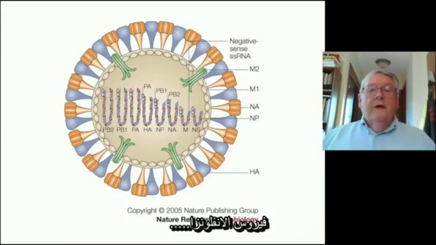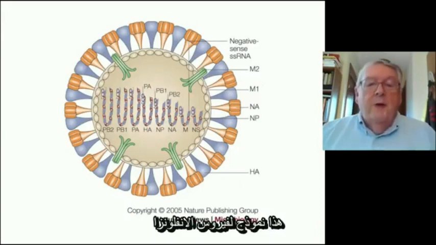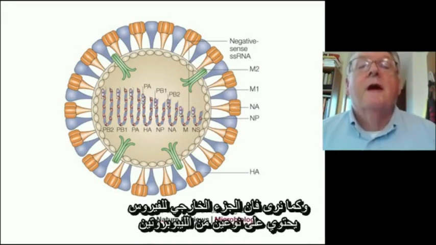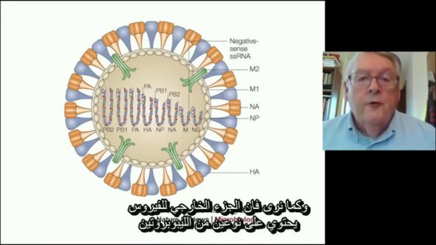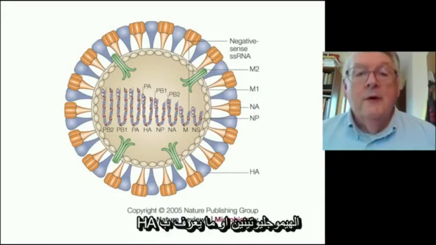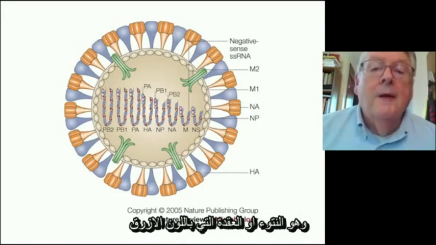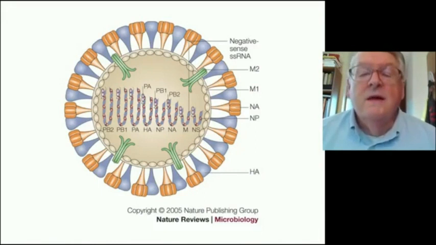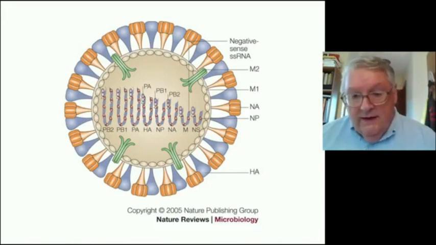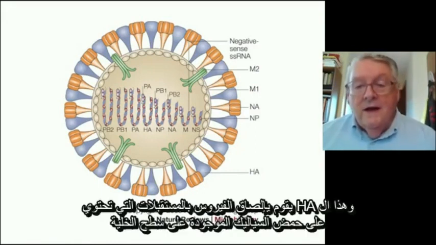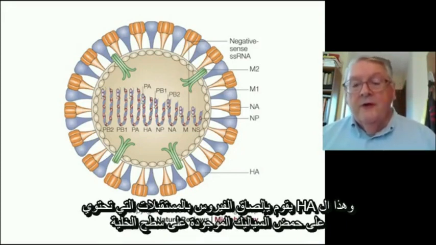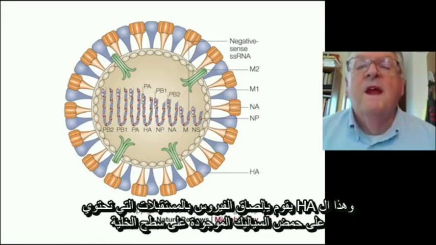This is a model of an influenza virus. On the exterior, there are two glycoproteins. The hemagglutinin, or HA, which is the blue knob, attaches the virus to sialic acid containing receptors on the surface of the cell.